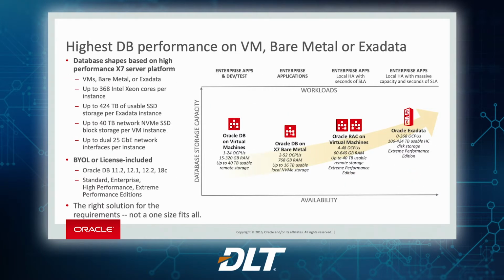And then lastly, a little preview of database capability, and there's a separate video on database. Basically, we have the right size database to meet your requirements, from a 2 OCPU database on a virtual machine all the way up to our Exadata. And a very significant aspect that affects cost is bring your own license.